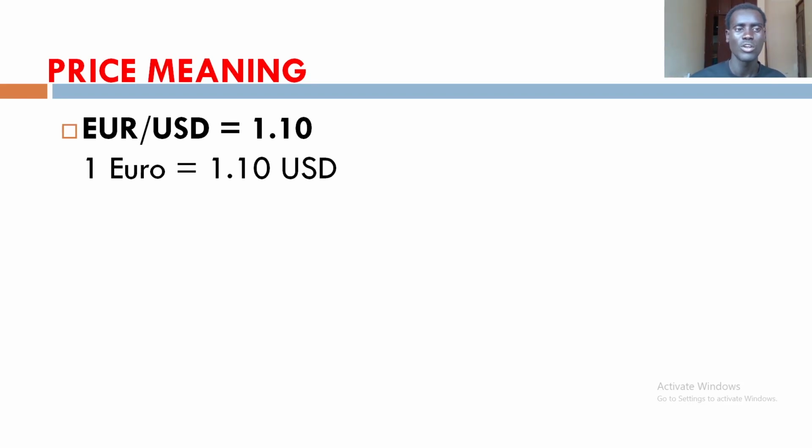It simply means that 1 euro equals 1.10 United States dollars. When you have 1 euro, you want to change it to United States dollars, the exchange rate is 1.10. If you have 100 euro, then you multiply 100 euro times 1.10. That's the price meaning.